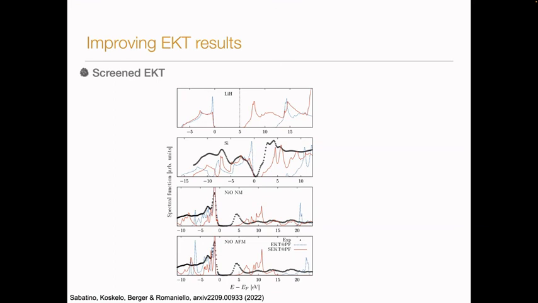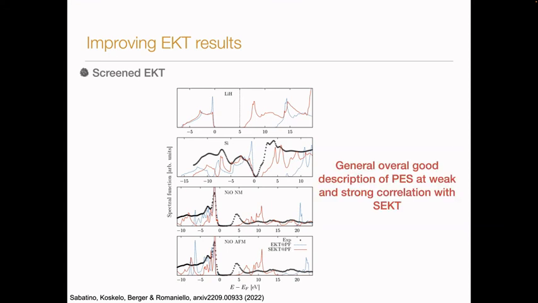So you have to look at the red curve, and the dashed blue curve is the bare EKT. So it's not all so nice. In general, it's okay, but you see that there is some stretching of the valence band in nickel oxide.